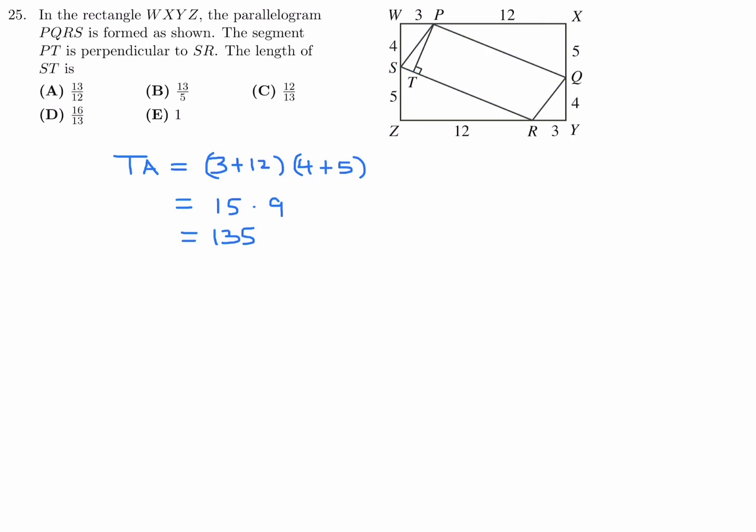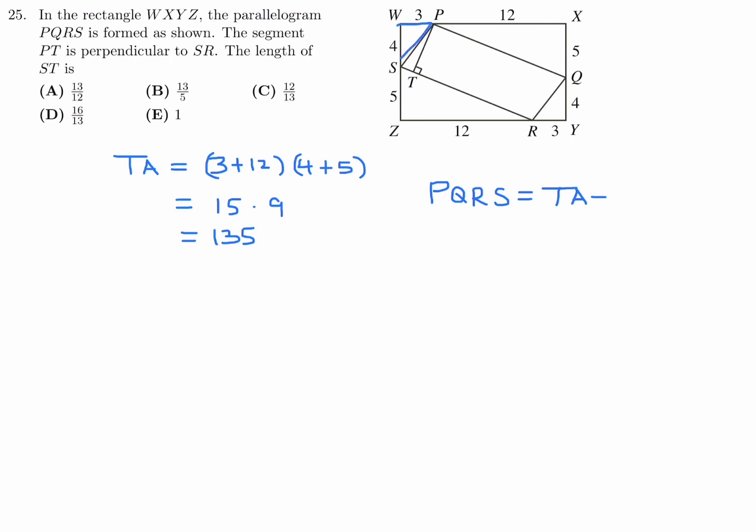Now I want to concentrate on the area of that parallelogram. Well, that is PQRS, and the area of the parallelogram is going to be the total area minus these little triangles. So if I take the total area and subtract that triangle, this triangle, this triangle, and this triangle, I'll get what's left, which is the PQRS.